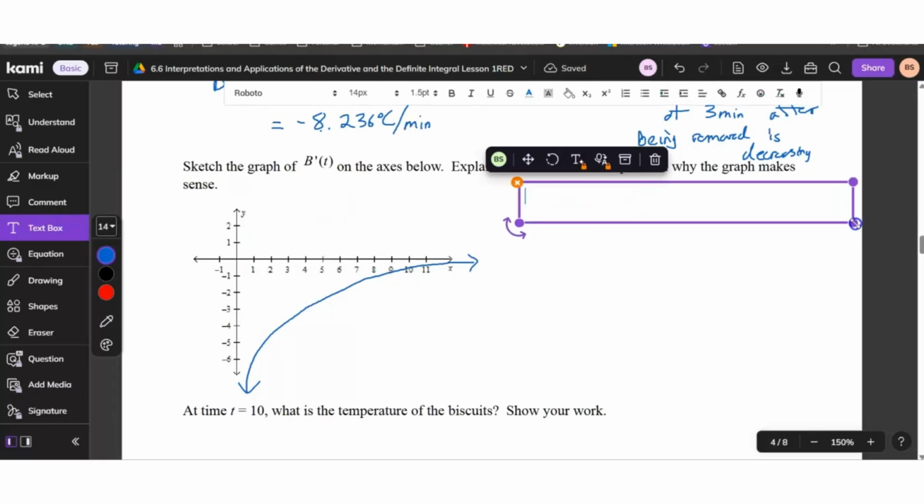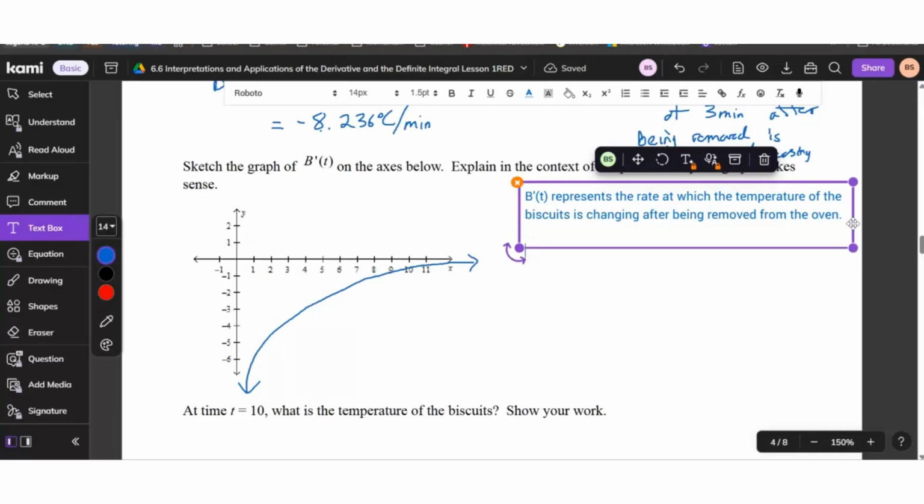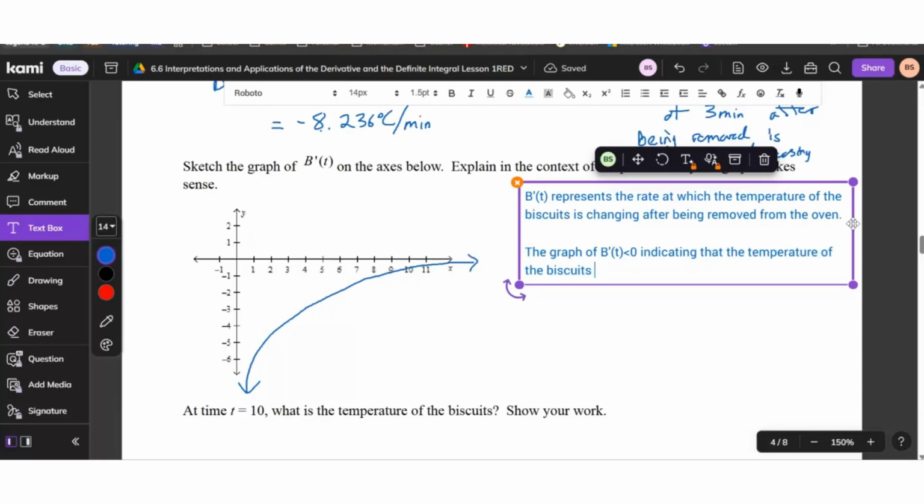So this is going to take a little bit of work. B prime of t represents the rate at which the temperature of the biscuits is changing after being removed from the oven. The graph of B prime of t is always negative, indicating that the temperature of the biscuits is always decreasing.